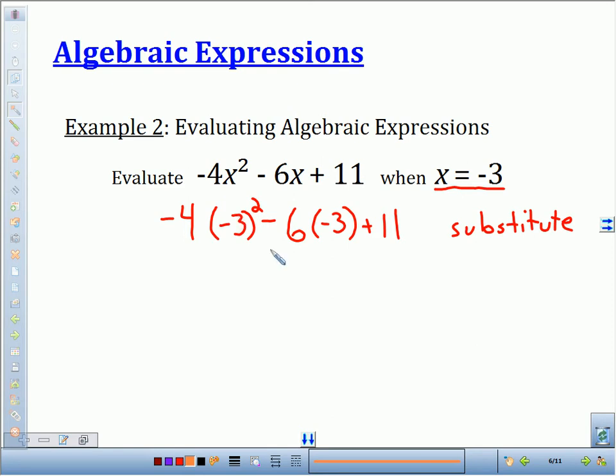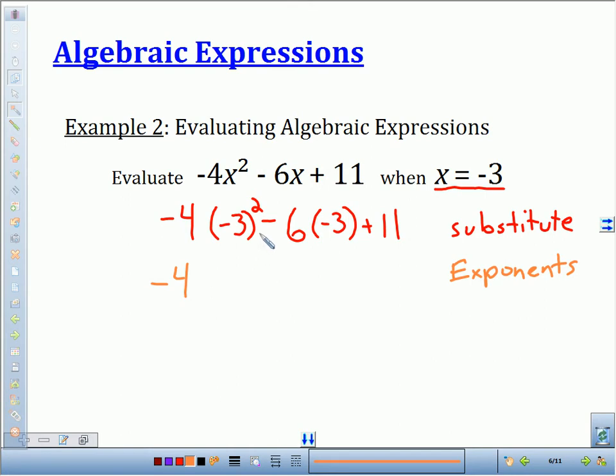So I'm going to skip the parentheses part. What I am going to do is deal with the exponents. And I have some exponents. I have negative 3 squared, as a matter of fact. Nothing else is going to change. It's still going to be negative 4. But now I've got negative 3 squared.